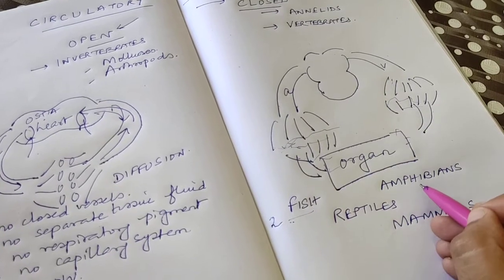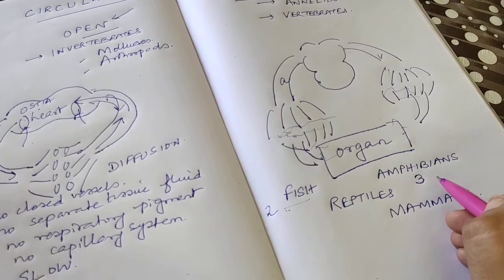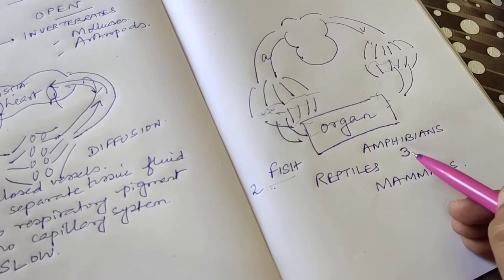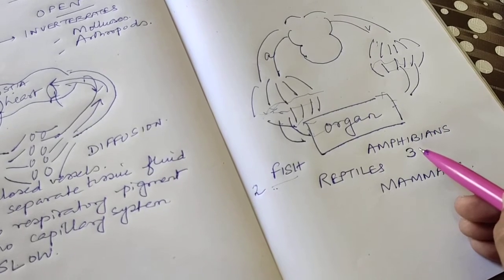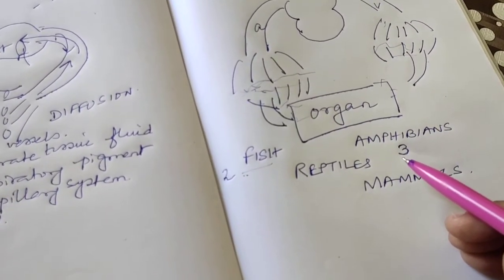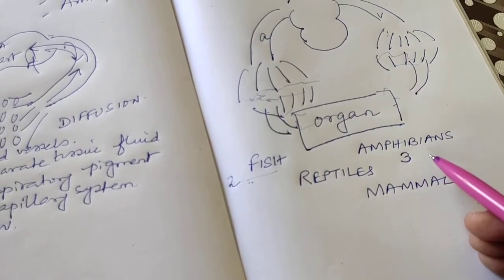What about amphibians? Amphibians have a three-chambered heart where there are two atria and a ventricle, where there is a small ridge separating the right and the left ventricles. So there is free mixing of the oxygenated and deoxygenated blood.